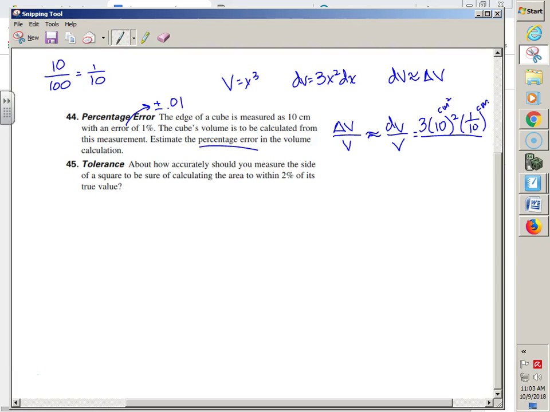And then the volume itself, wouldn't that be 10 cubed? See what I mean? So we had to plug in the volume itself. So x cubed, and then 3x squared dx. 30 divided by 1,000, right? So 3 over 100, so 0.03.